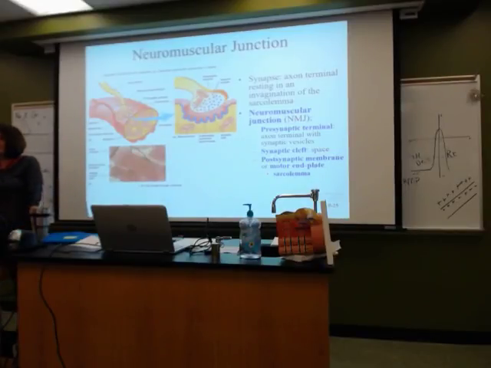So how does it all get started? Here's how it's going to get started. At the point where the nerve and the muscle meet, this is called my neuromuscular junction, my NMJ.